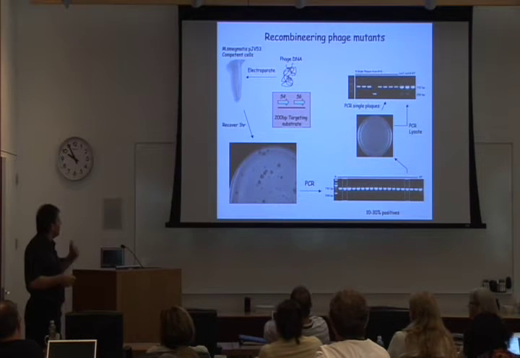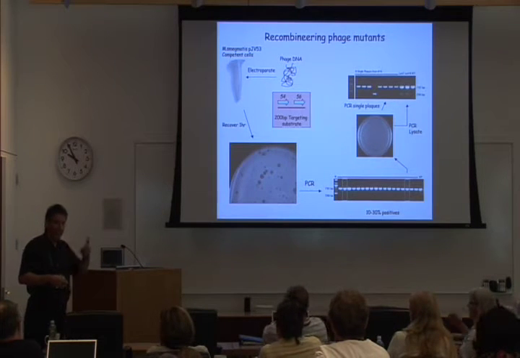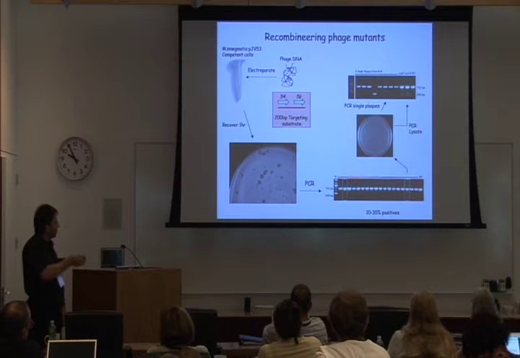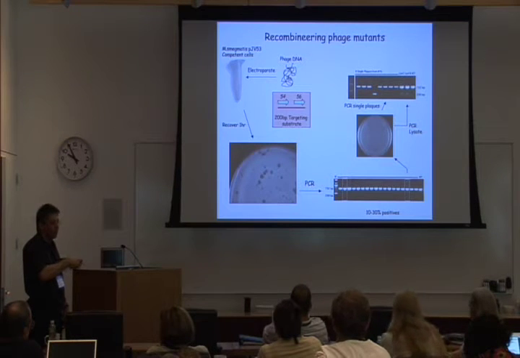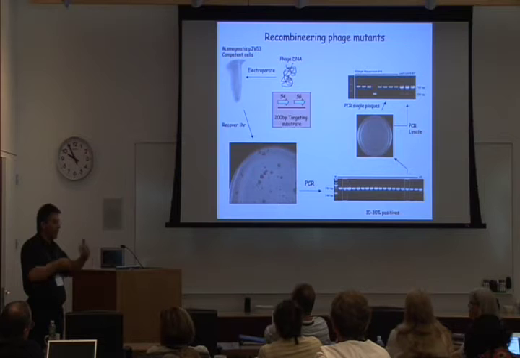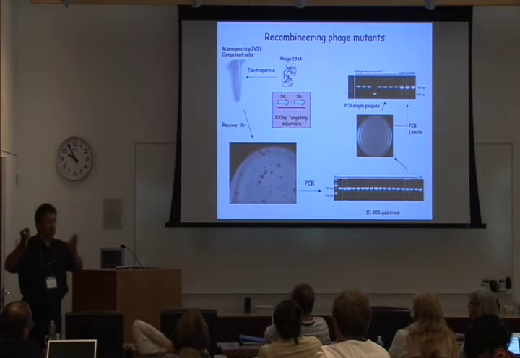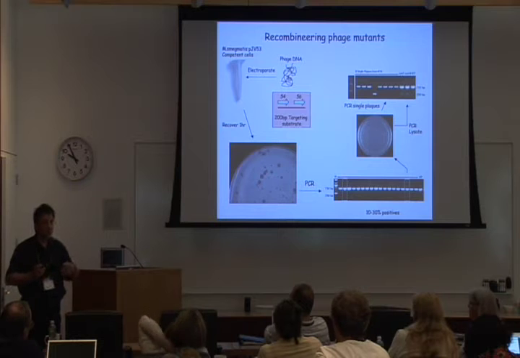engineered is sufficiently efficient that all you have to do is to pick 18 plaques. You just pick 18 random plaques and do PCR analysis, and 10 to 40% of those plaques are mixed, containing both mutant and wild type.